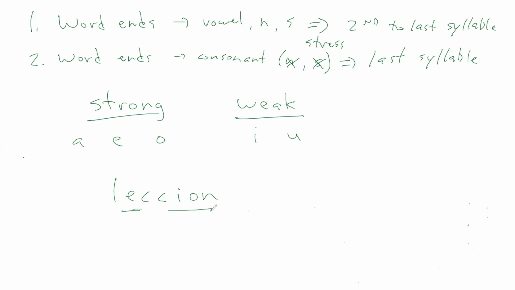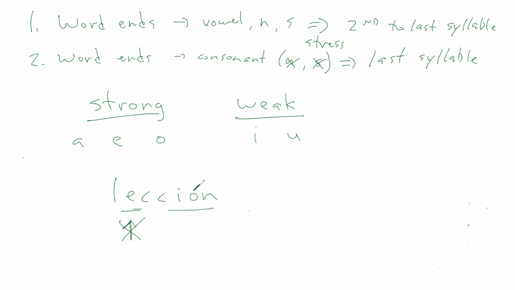So let's apply the rule. Ends in a vowel, N or S. The stress should be on the second to last syllable. But this is an exception. The word is pronounced lección. So we're going to move it to the last syllable, and we've got this weak and strong together. So it's not a trick.